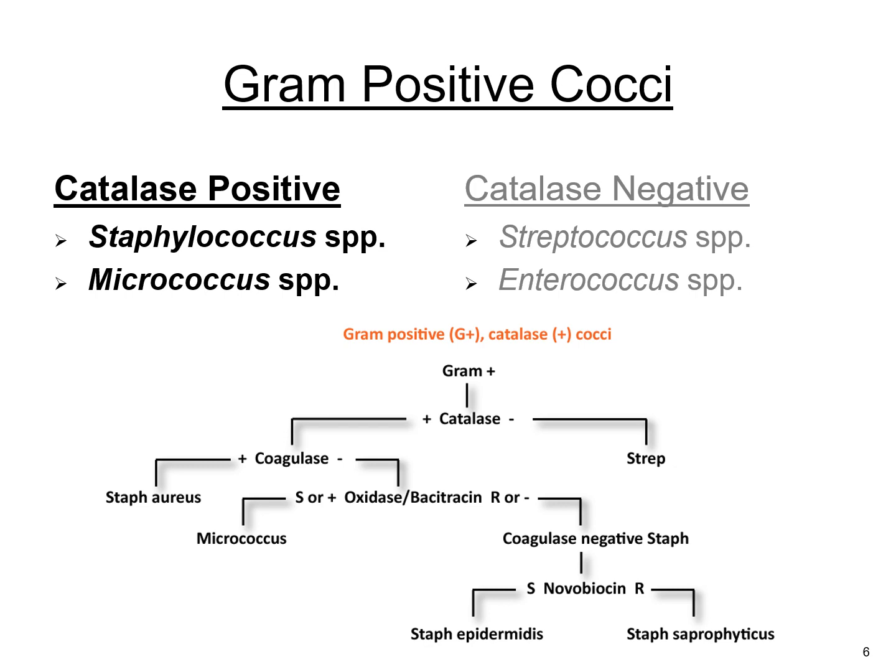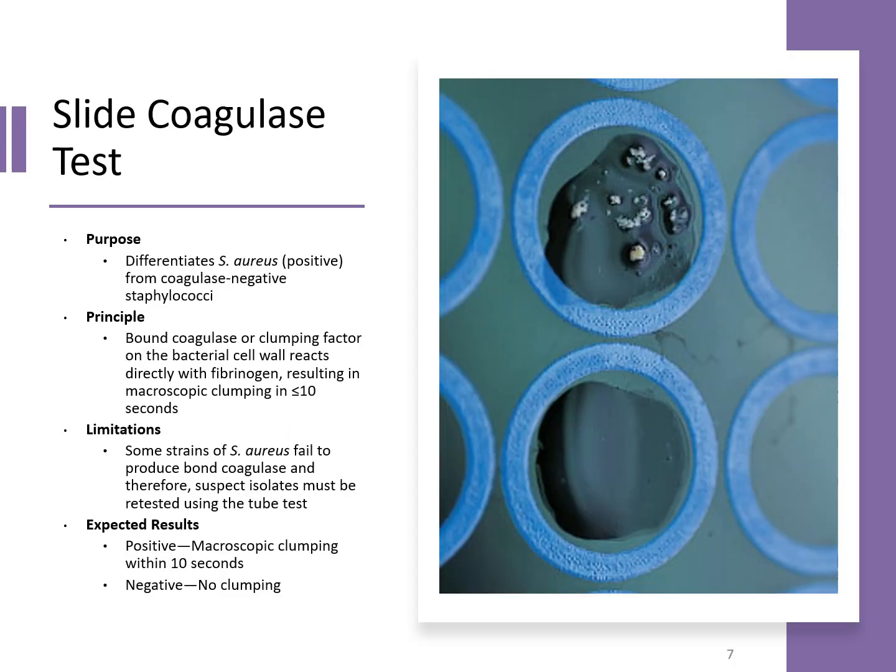So once we've determined our catalase reaction, then from there, if it's positive, we're going to determine if we're dealing with a staph species or a micrococcus. So with our staph, the first thing we're going to do is, if we suspect a staphylococcus, then we're going to do a coagulase test.